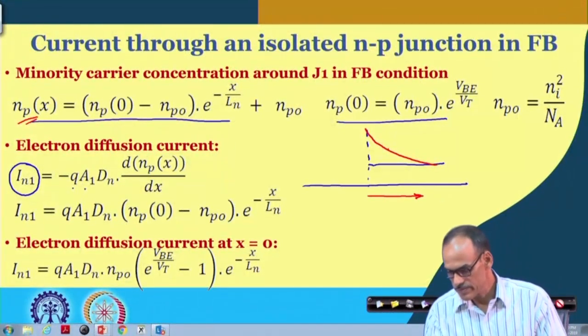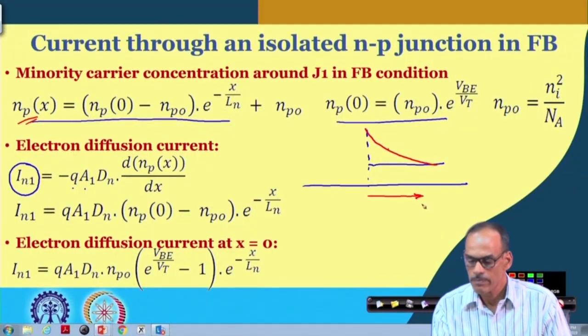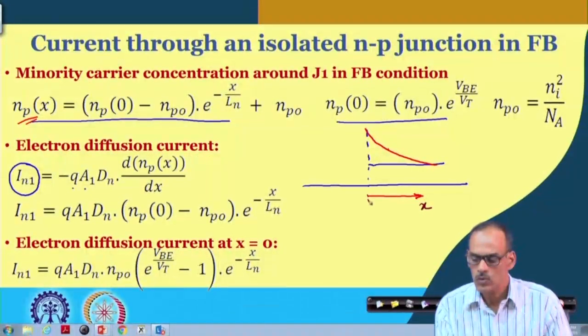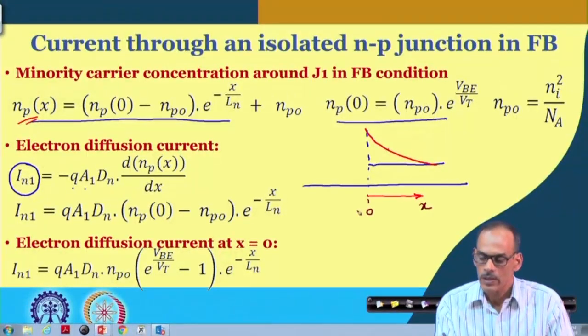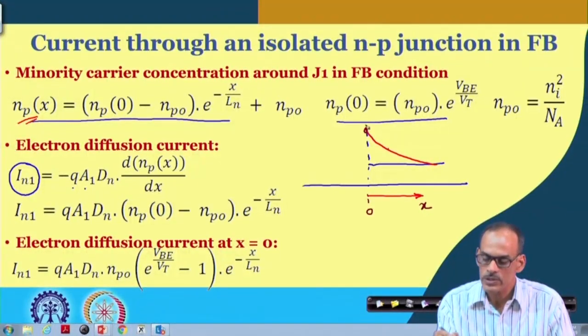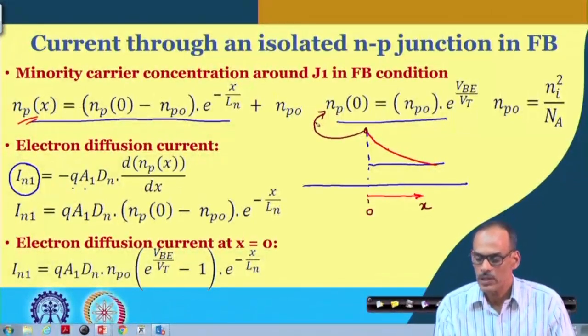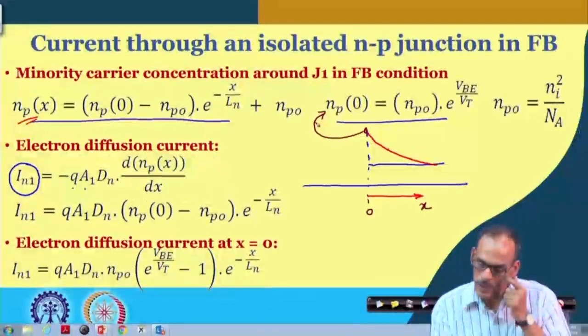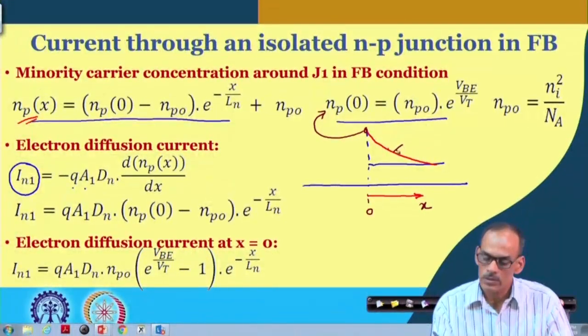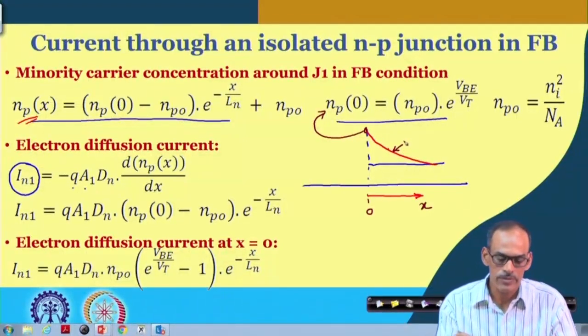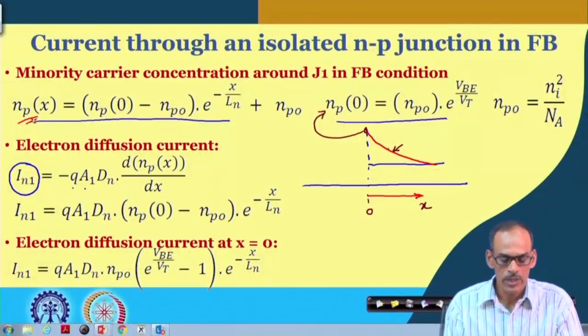This is x, and x is equal to 0 here, and at this point the concentration is N p at x equal to 0, and the concentration at other points is given by N p at x.